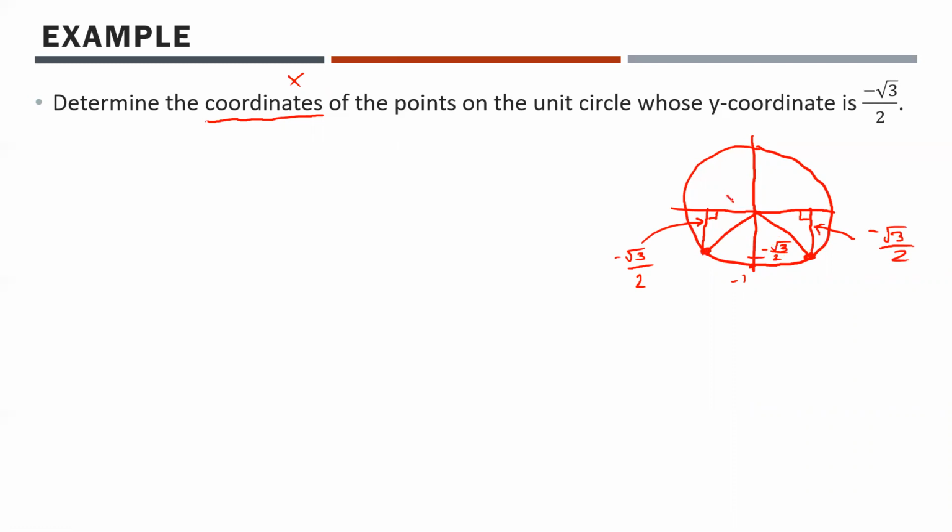Now, if we're looking for x on both of these, the one thing that we kind of have working against us is that we don't know all three sides, right? In order to use Pythagoras, we would have to know at least 2 of the sides to solve for the missing side. The good news is, though, we were told that this is a unit circle. Remember, a unit circle is defined as a circle based at 0, 0 with a radius of 1.